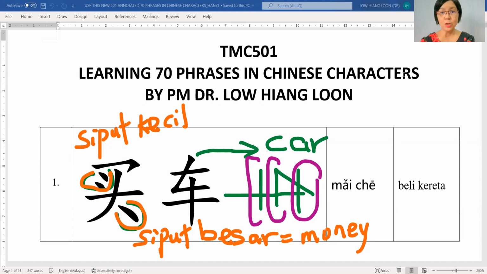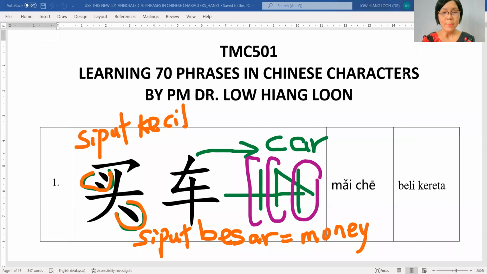And from the 40个汉字, we combine here and there and form additional phrases out of the 40个汉字. So in total, you have to know 70 Chinese phrases for the test for this part, for the Chinese characters.